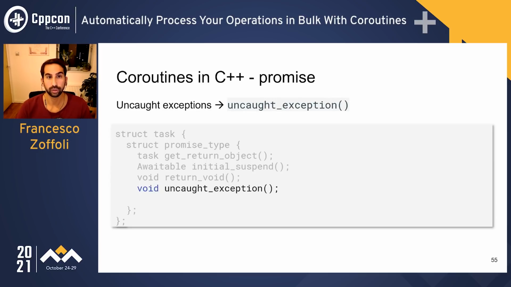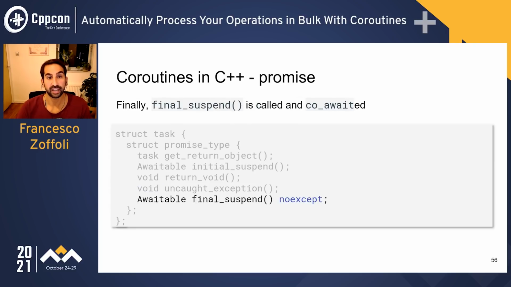We can also handle unhandled exceptions, which are exceptions that bubble up beyond the body of the function. When this happens, the compiler is going to call unhandled_exception. And finally, the compiler is going to call final_suspend and co_await the result, similar to how it did for the initial_suspend.